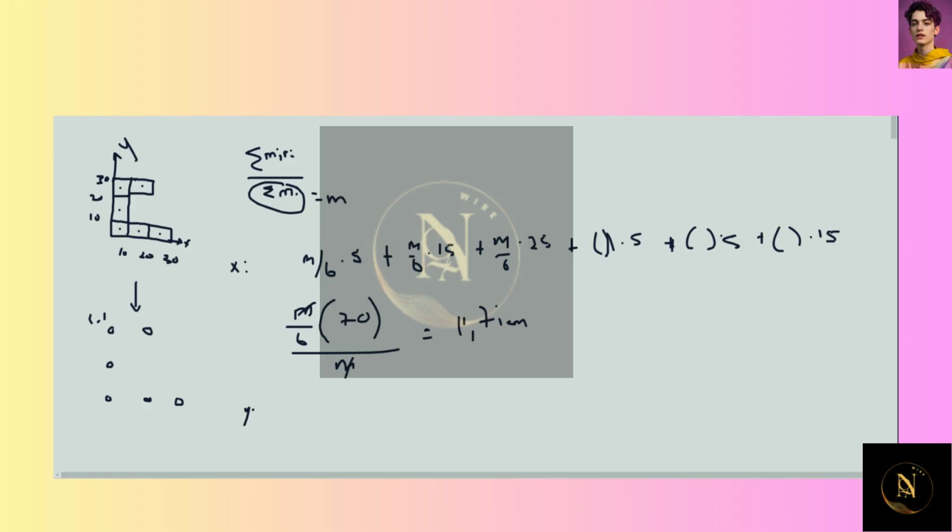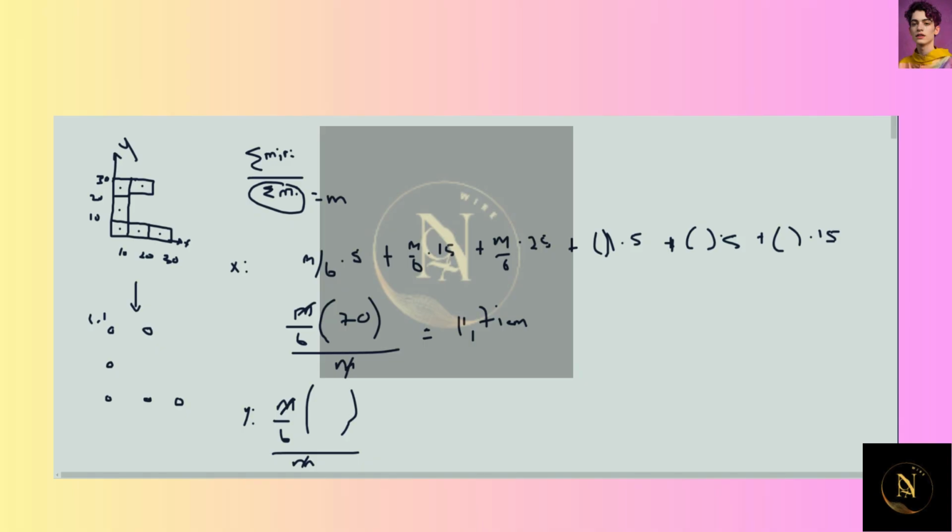Then you just go ahead and do the same thing in the y direction. You know that all of these have mass m over 6, so I can factor out that m over 6. Now I just add up all the y coordinates for each one of these masses, and divide the sum of the coordinates by m again, because this formula is still the same in both directions, so these will cancel.